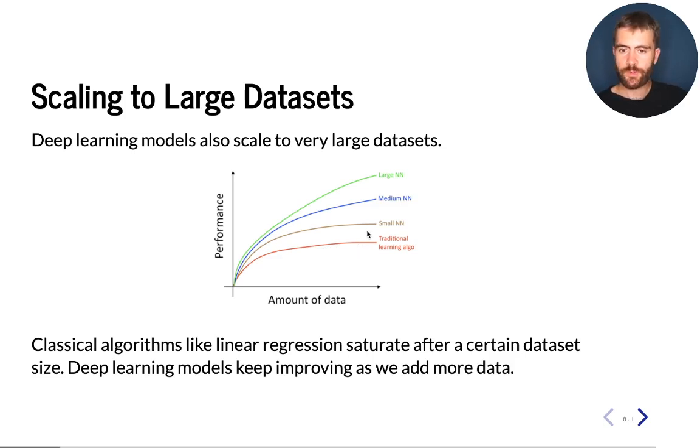But with neural networks, performance tends to improve as we give it more data. And if we have a very large neural network, its performance tends to keep increasing as we give it more data. As a result, for very large data sets in this high data regime, large neural networks tend to significantly outperform classical machine learning models.